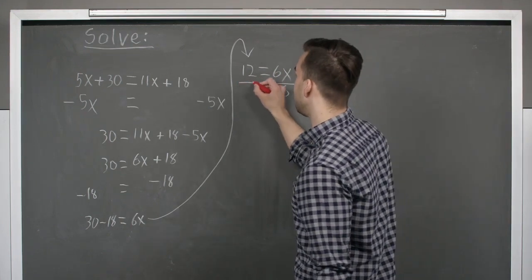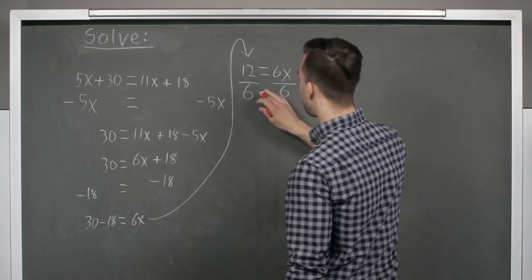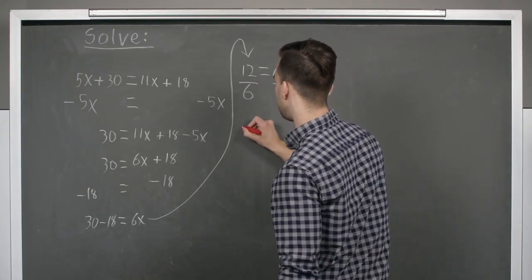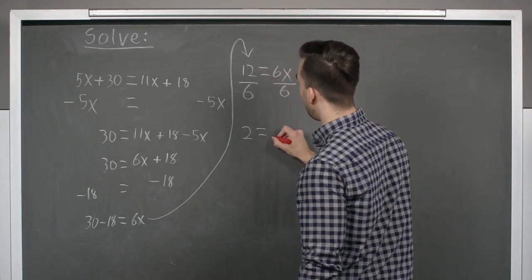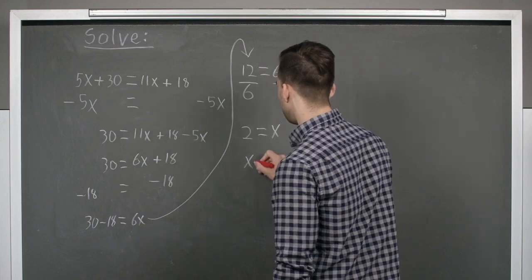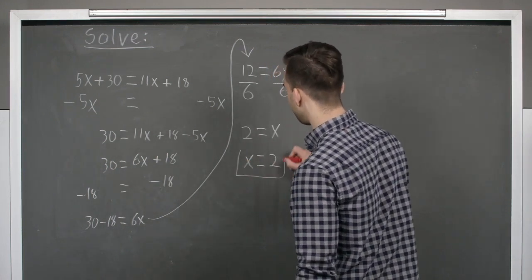We need to divide it by 6, right? Because we have to do the same thing to both sides. But let's just simplify that. So 12 divided by 6 is 2. And look at that. It just gives us x. So our solution for this equation is x equals 2. Solution for x.